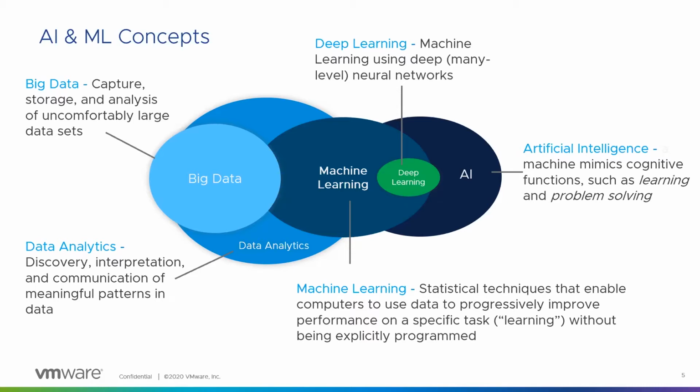Now, at the tip of it is artificial intelligence, right? Where you understand certain behaviors and then you want the machine to mimic those cognitive functions so that it can go ahead and learn and then resolve problems as well. And that's where problem solving comes into the picture with artificial intelligence.